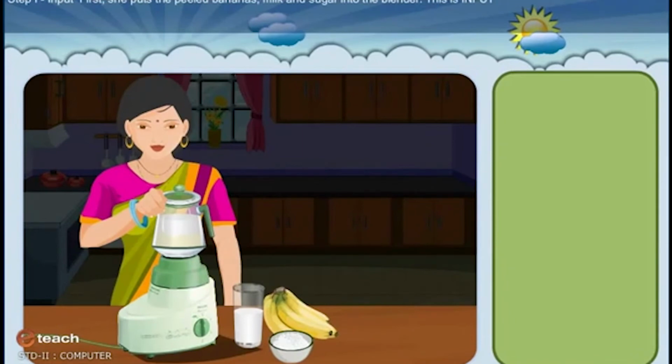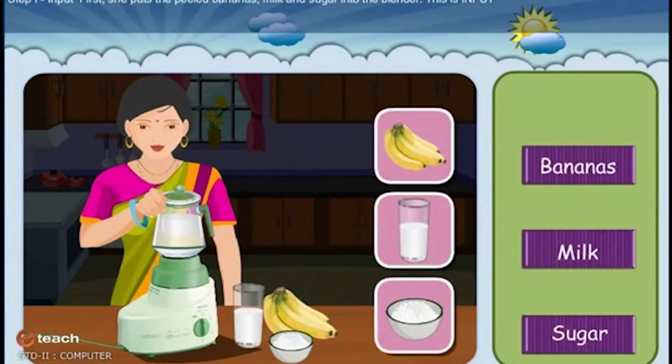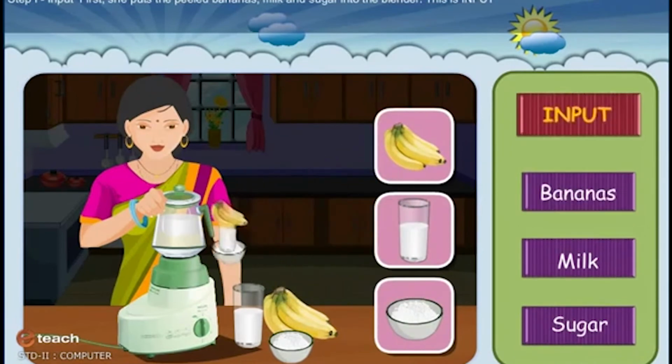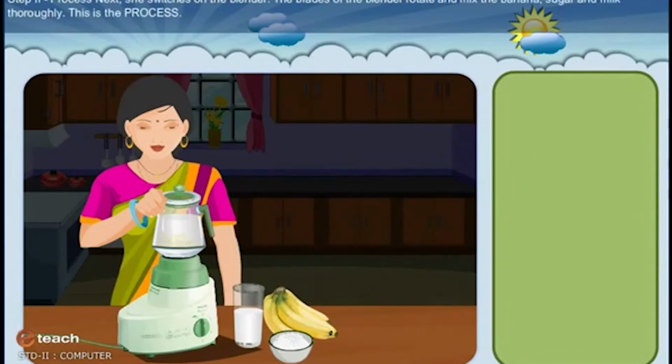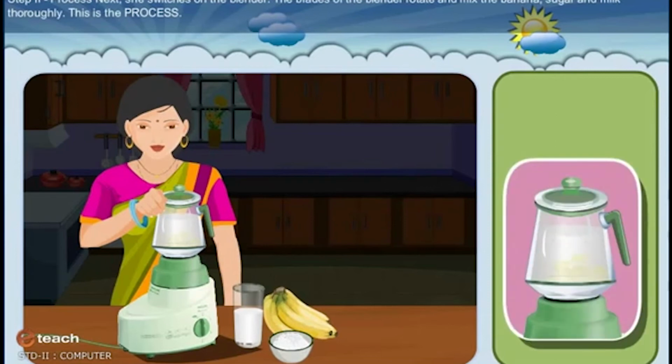Input. First, she puts the peeled bananas, milk and sugar into the blender. This is input. Step number 2. Process. Next, she switches on the blender.